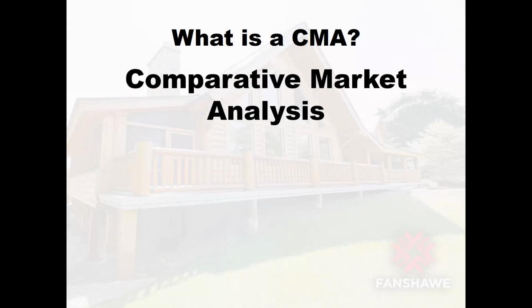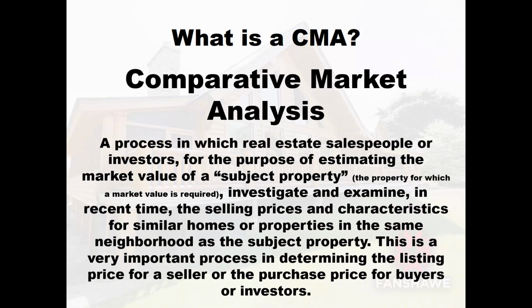So in an opinion of value, you would provide a CMA. It's a comparative market analysis, and I'm going to read this to you. It's a process in which real estate salespeople or investors, for the purpose of estimating the market value of a subject property. So that's the property for which the market value is required. You don't know quite yet what it's worth, but you know what some other ones like it might be worth.